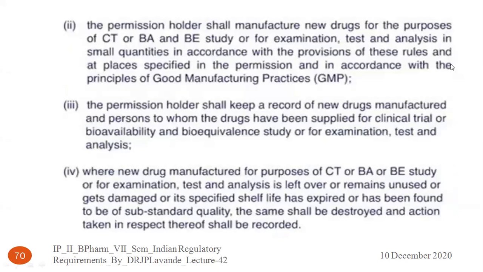The permission holder shall manufacture new drug for the purposes of clinical trial or BA/BE study or for examination, test and analysis in small quantities, right? The quantity has been mentioned. It is in small quantity, in accordance with the provisions of these rules, at places specified in the permission, and in accordance with the principles of GMP. What is GMP? Good manufacturing practices, right?